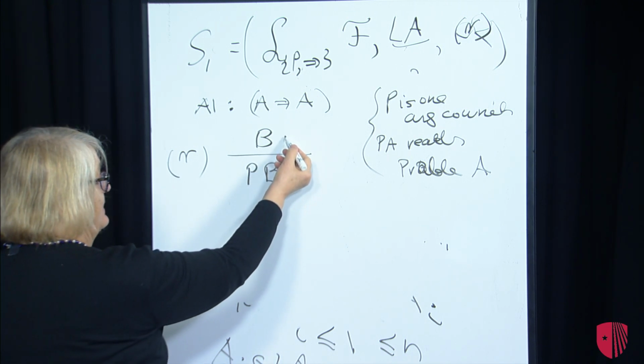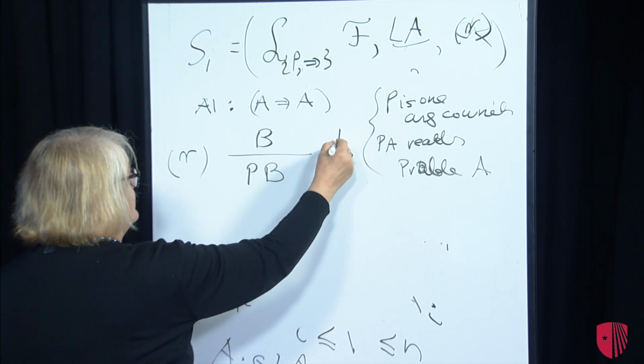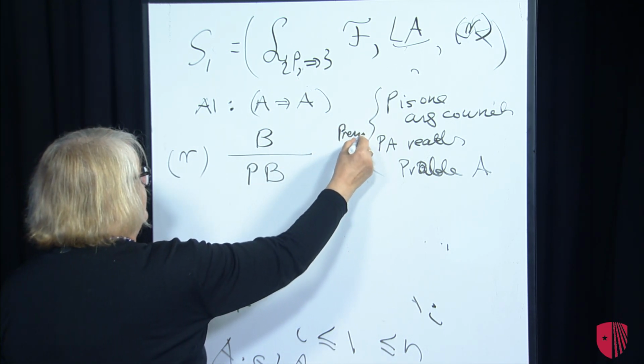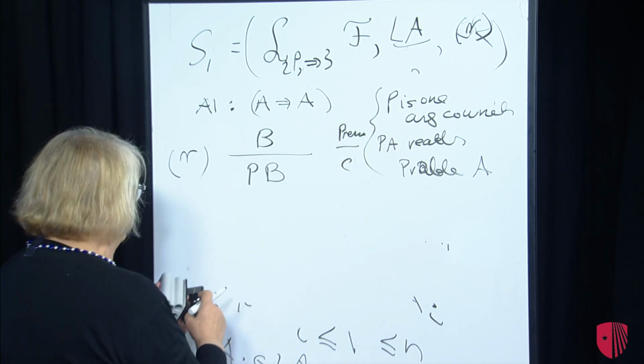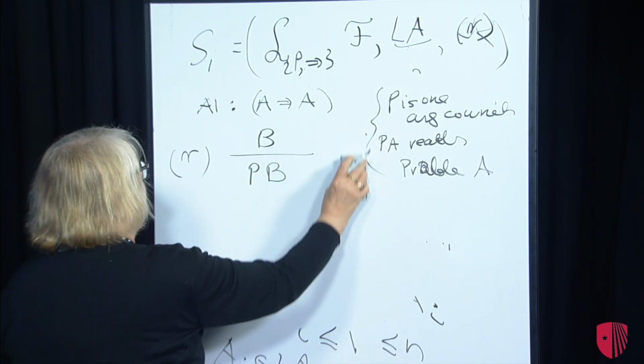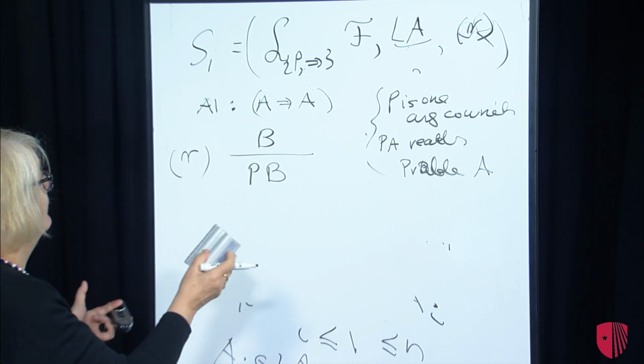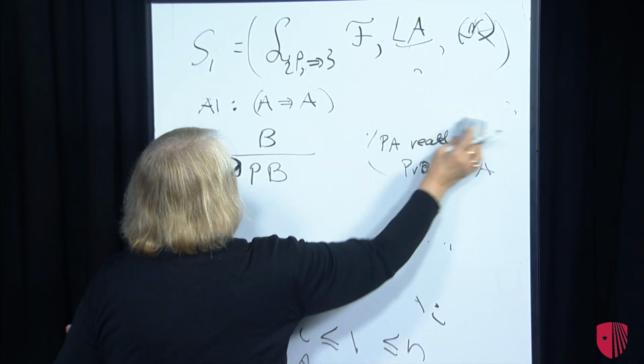So this is the premise, this is the conclusion. It's a one-premise rule. And I have a very simple system.